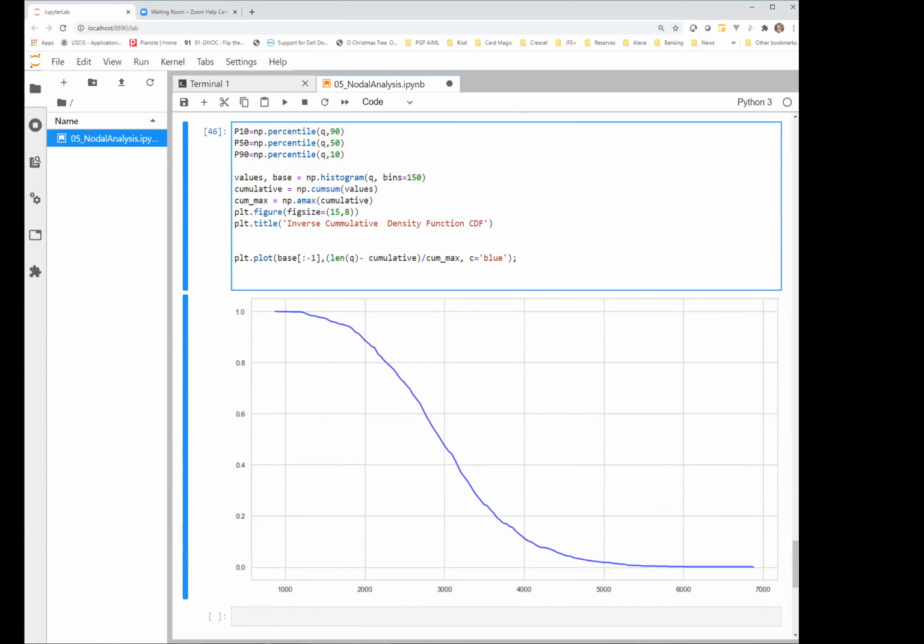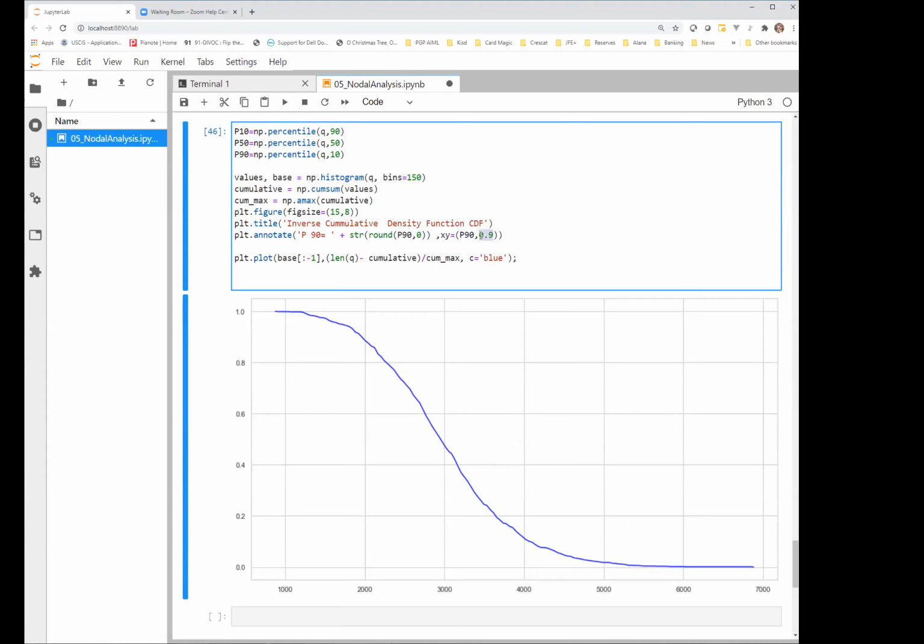We can add an annotation using this function, which is annotate. This is going to be a string, the annotation itself. I'm just concatenating a label with the solution of my P90, and it's going to be located, my XY, on the P90 value that is already calculated on the X side.